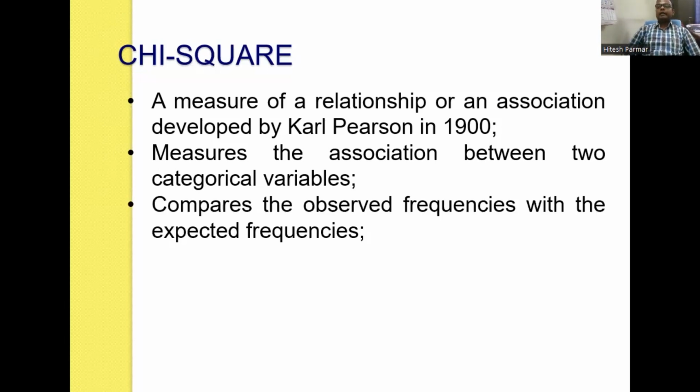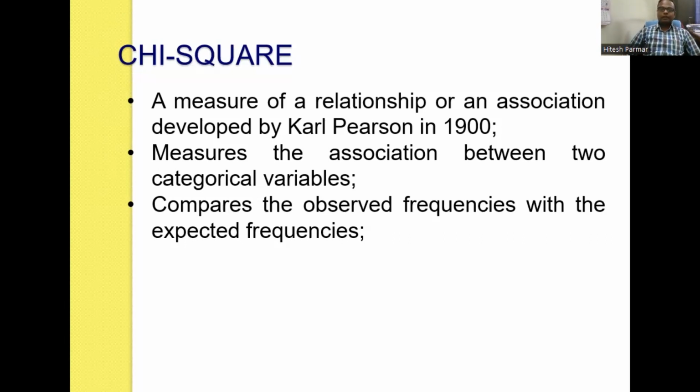Now, technically what it is doing, it compares the observed frequencies with the expected frequencies. The chi-square test compares observed and expected frequencies. Observed frequencies means whatever we get in our data. After collecting the data, what we get is our observed frequency.